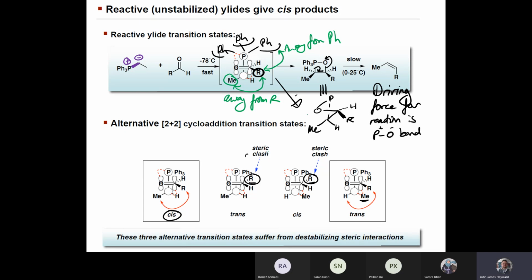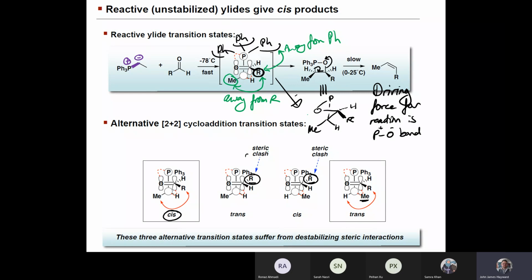Okay, a late transition state means that the transition state looks a lot like the products. So in a late transition state, you need to consider interactions that are unfavorable in the product, whereas in an early transition state, you're looking at interactions that are unfavorable in the starting material.